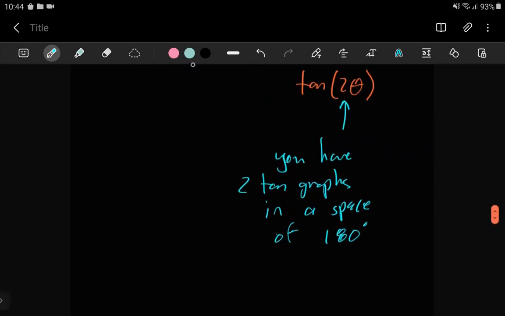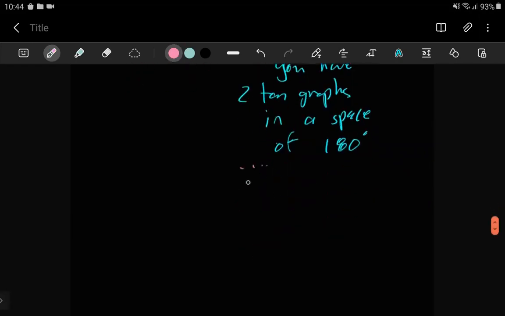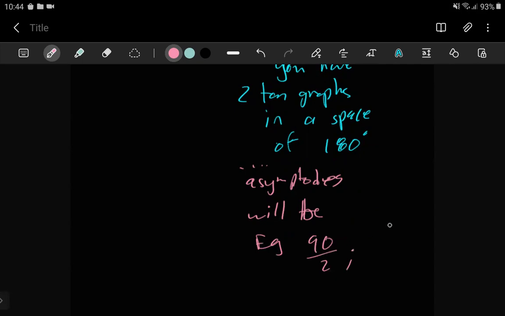The reason I'm mentioning this is that your asymptotes will be, e.g., 90 divided by 2, 270 divided by 2, going on and on and on.